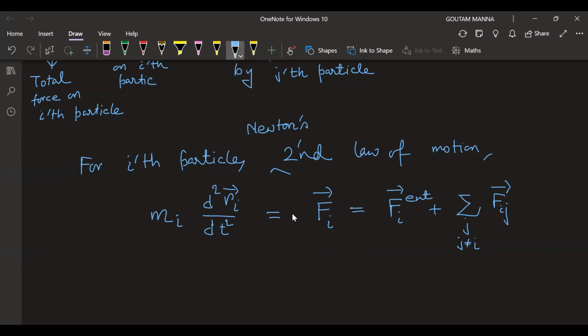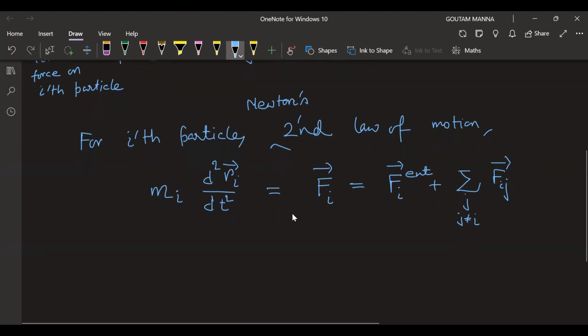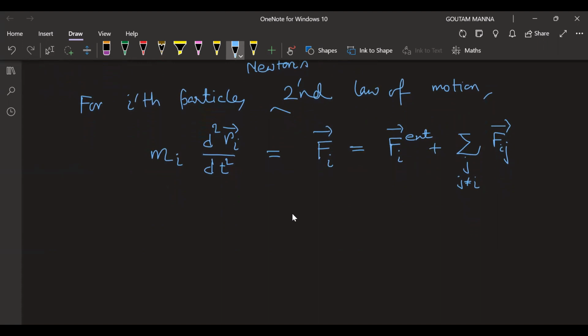Okay, so this is the equation of motion for a single ith particle in the system of n number of particles, let's say, in a many particle system.